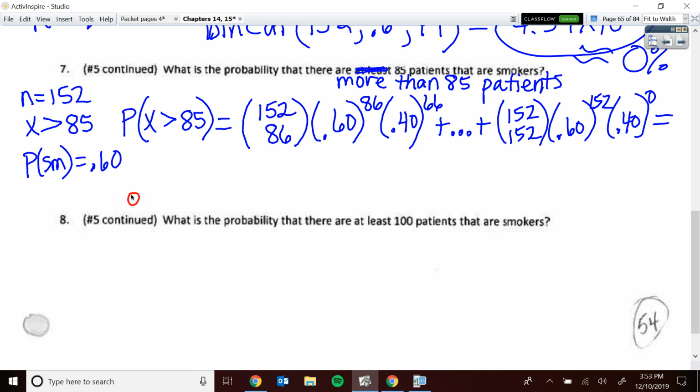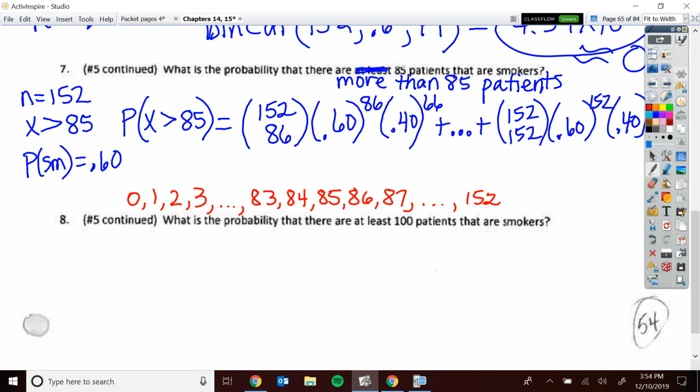Let me just show you. I like to do these little series of items. Let's go 83, 84, 85, 86, 87, and then up to 152. I want to highlight the part I want.